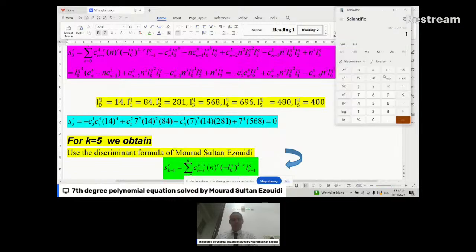I should calculate this one colored with blue as negative 3 times combination 7 choose 4, which is equal to 35.